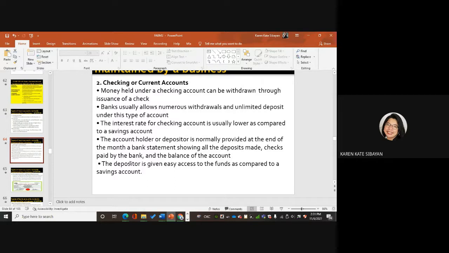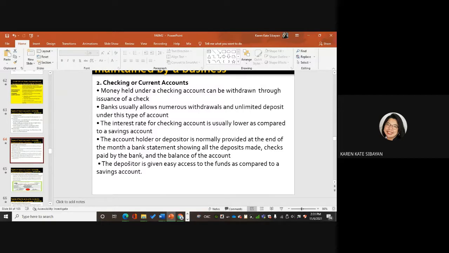Checking or current accounts, money held under a checking account can be withdrawn through issuance of a check. Okay? Banks usually allow numerous withdrawals and unlimited deposits under this type of account. The interest rate for checking account is usually lower as compared to a savings account.